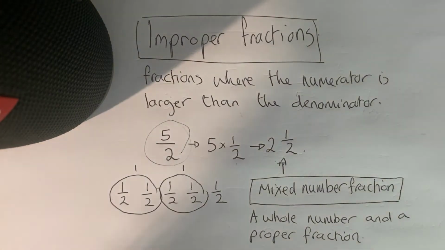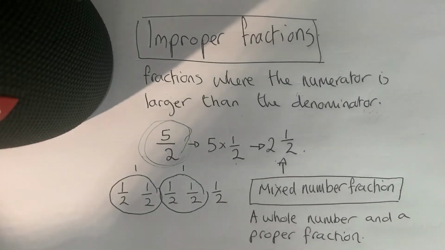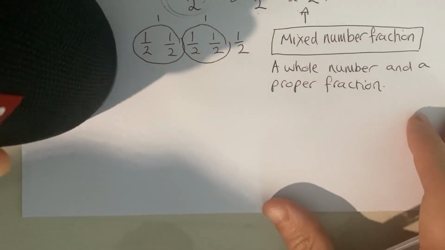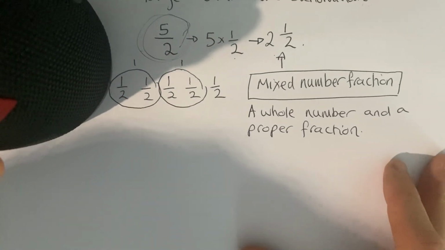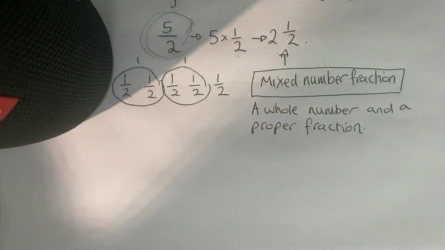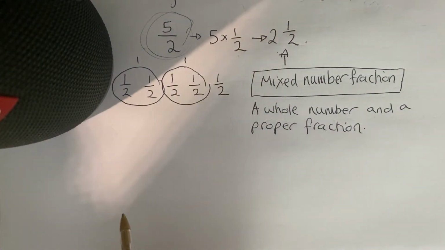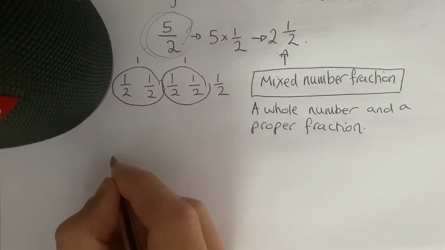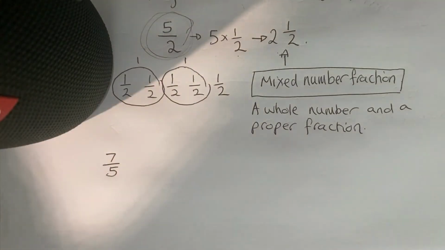Okay, right, let's have another go at looking at an improper fraction and seeing what that would be as a mixed number. So this time, let's say I've got 7/5.